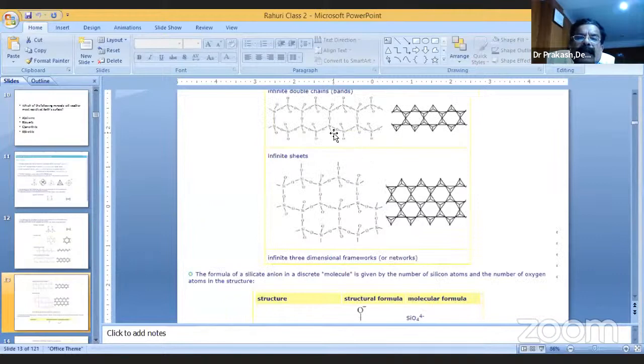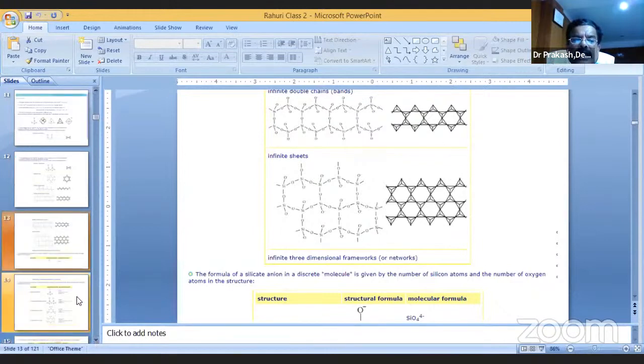Okay, so this is the infinite double chain and infinite sheets. In case of sheets, there will be silica tetrahedra sheets and aluminum octahedra sheets. And the 4th one is the framework silicate. So that is the 3-dimensional framework wherein all 4 oxygens are shared with neighboring silica tetrahedra.